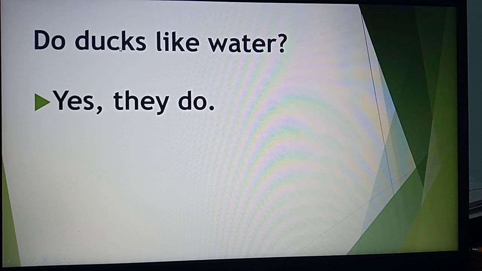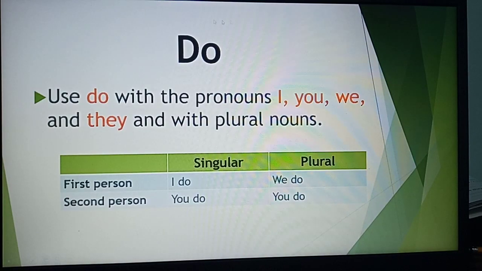So if the noun is plural, of course, the pronoun is plural at the same time. So that's it about do. If the pronouns are I, you, we, and they, you are going to use the verb to do, which is do.